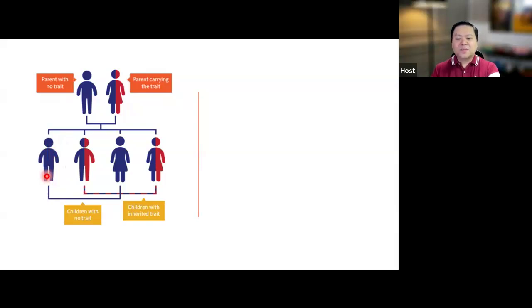However, though, the second son here, you will see that they will be having the trait because they inherit the normal hemoglobin from the father, so partially, and they are going to inherit the abnormal gene, which is the HBS from the mother. And so the son, during their lifetime, will have the sickle cell trait.